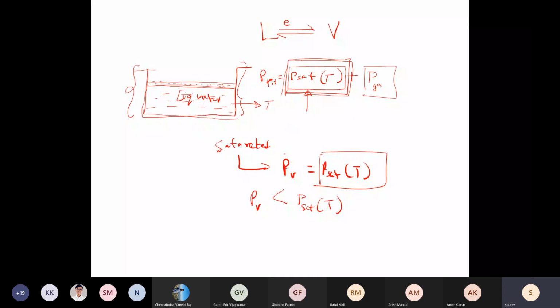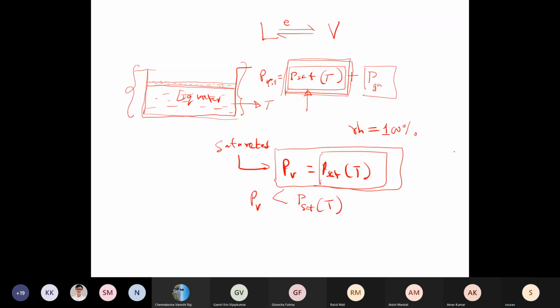So the first case is called saturated, where the partial pressure of water vapor in the air is equal to the saturation pressure of water at that particular temperature. And this is the condition which we normally denote by RH equals 100%. Whereas far away, if I move away from this liquid column, the air could be unsaturated.